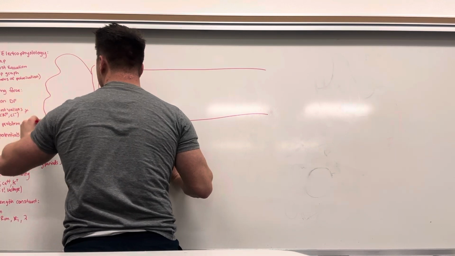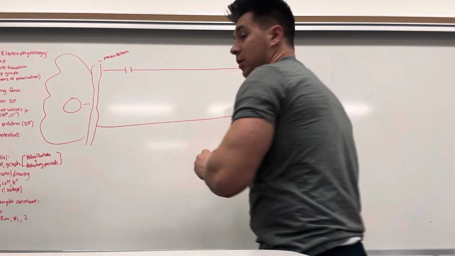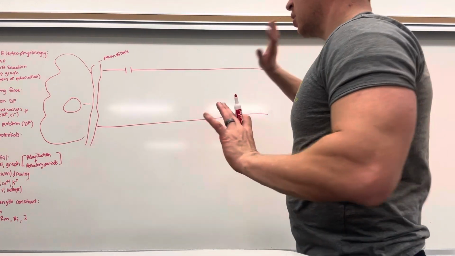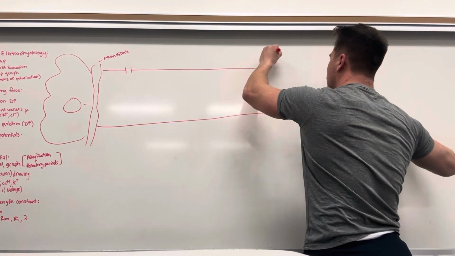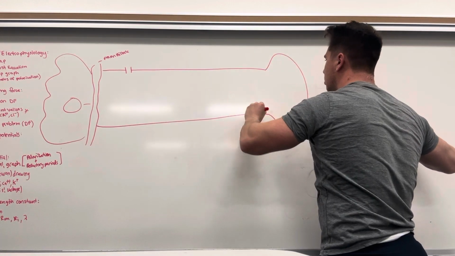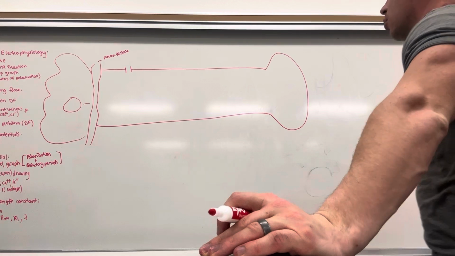These are the dendrites right here, and you have the soma, right? It comes that way. Not too accurate of a cell drawing. Okay, this is going to be my neuron.